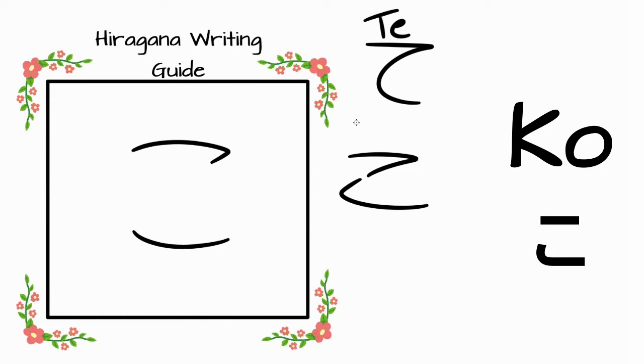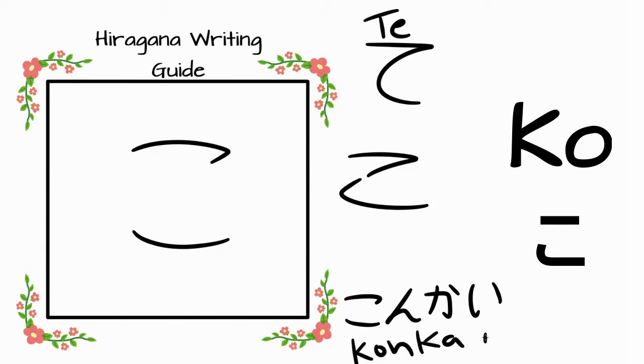I believe it was for konkai. So the character should have been something like... Okay, so I believe konkai was a character that I used, and some of you pronounced it tenkai. Anyways, make sure that you don't misread these two characters.